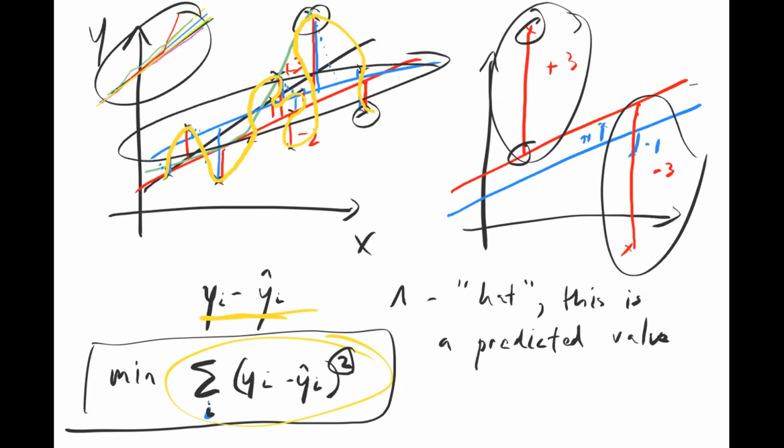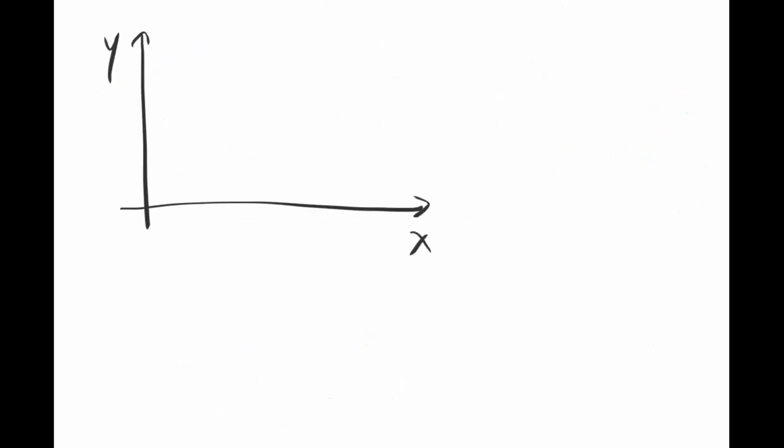Okay, so let me go to a new whiteboard. So this is exactly right. As we talk about fitting a straight line through all these points, I'm going to do this.